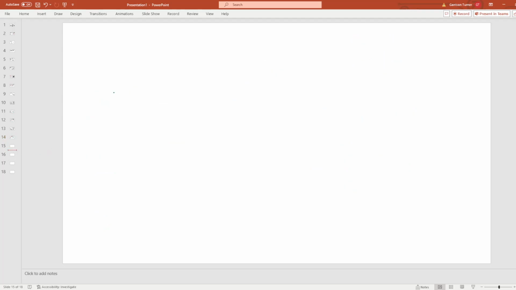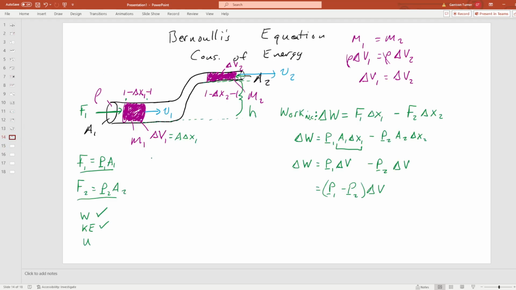So the change in my kinetic energy, and note that the kinetic energy does not necessarily have to stay constant through this process.